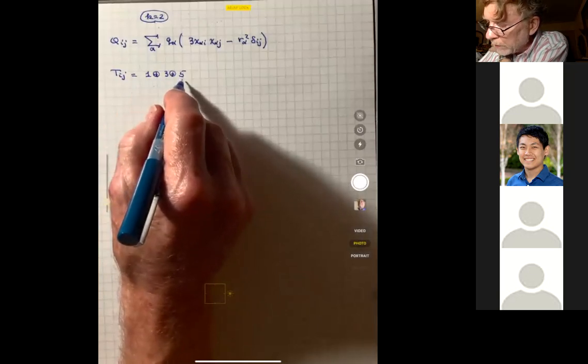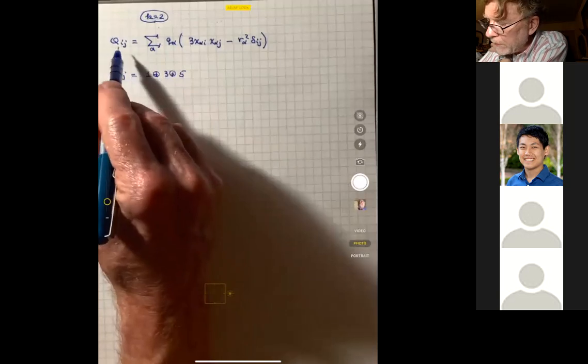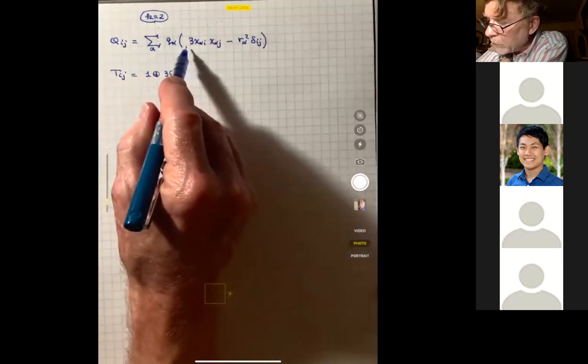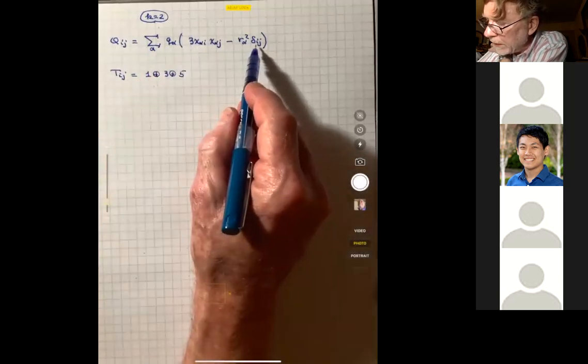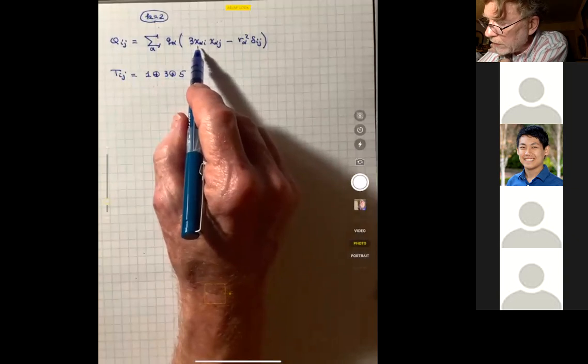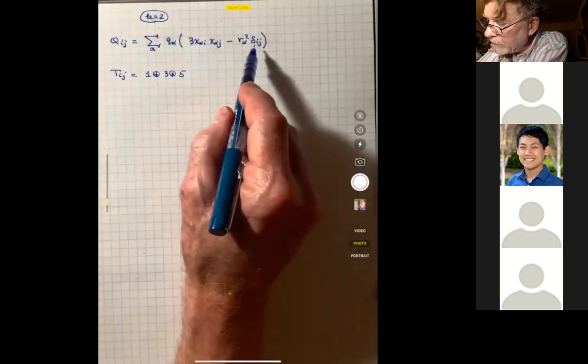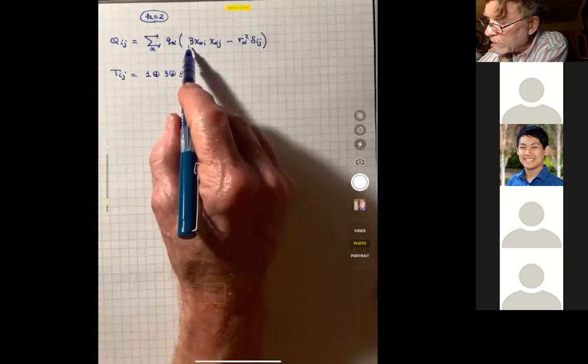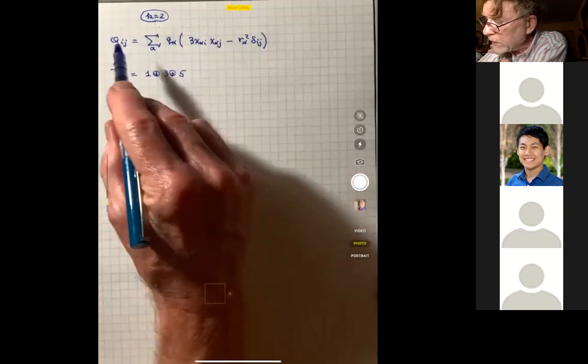and traceless part. The quadrupole moment tensor, however, is traceless. That's what subtracting off this delta ij does. If I take the trace of x alpha i, x alpha j, what I get is just r alpha squared. If I take the trace of Kronecker delta, I get 3. So that's where the 3 comes from. It's cooked up to make this thing traceless.